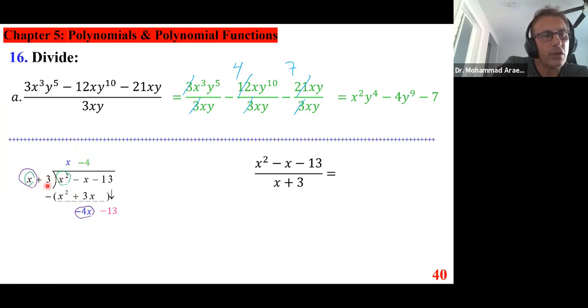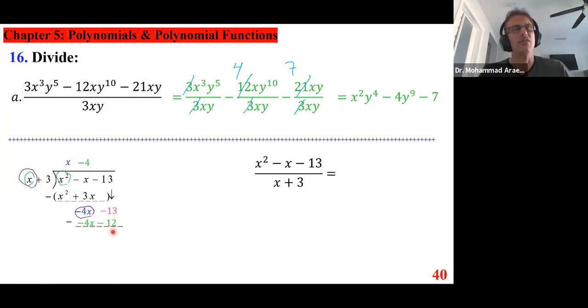So negative 4 times x is negative 4x, negative 4 times 3 is negative 12. And we subtract this from the top. So this becomes positive 4x, they cancel each other. This becomes positive 12 with negative 13, they give us negative 1, which means here's the quotient, here's the remainder.